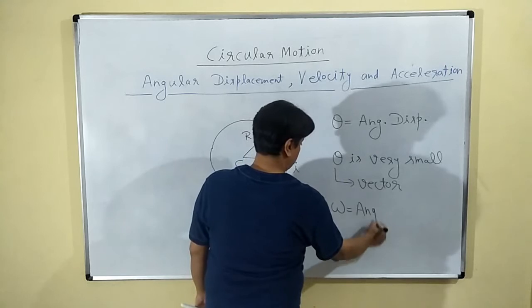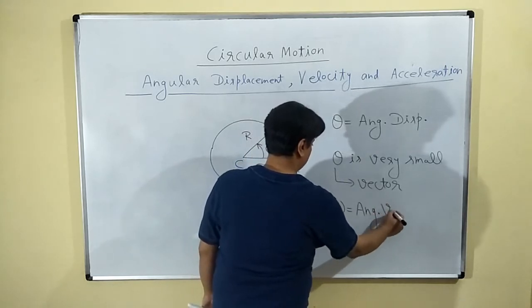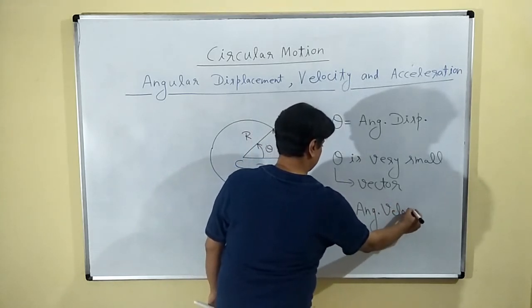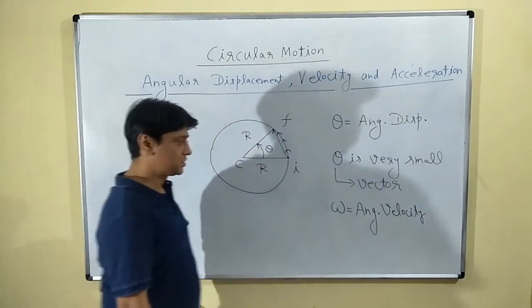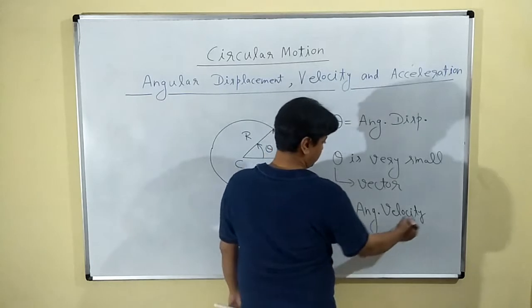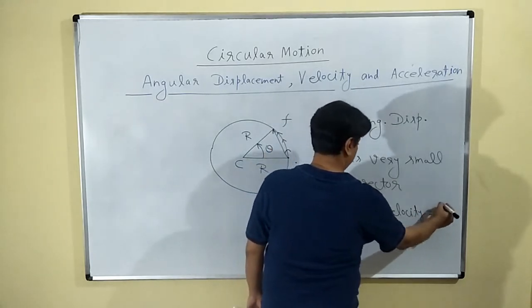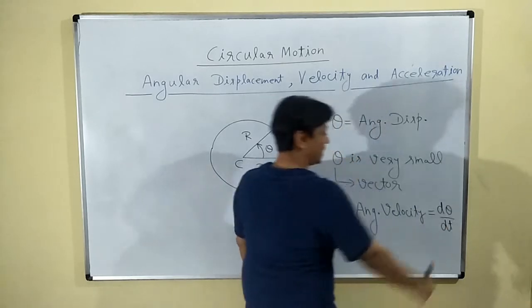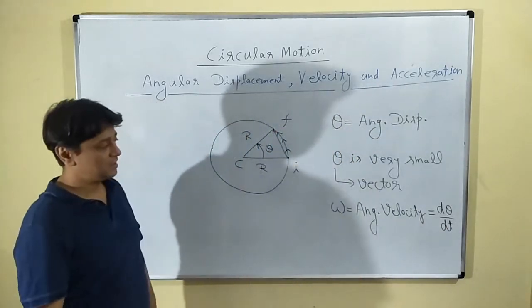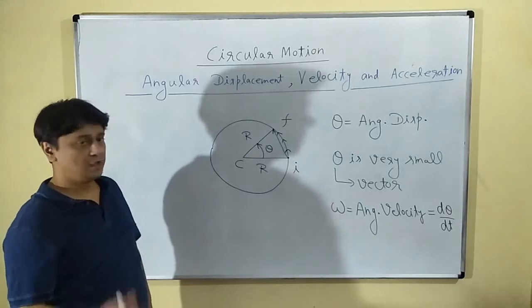Omega is called angular velocity. Now, what is angular velocity? Rate of change of angular displacement. How do you define rate of change? With the help of this d theta divided by dt.